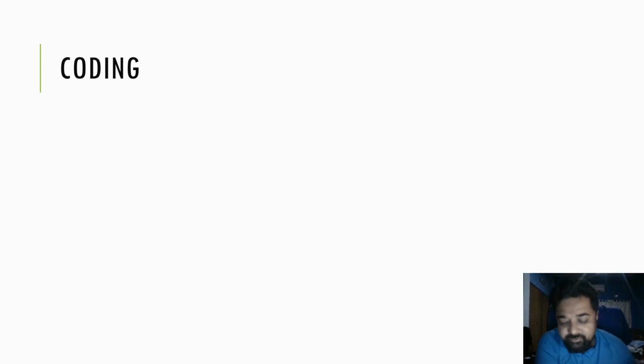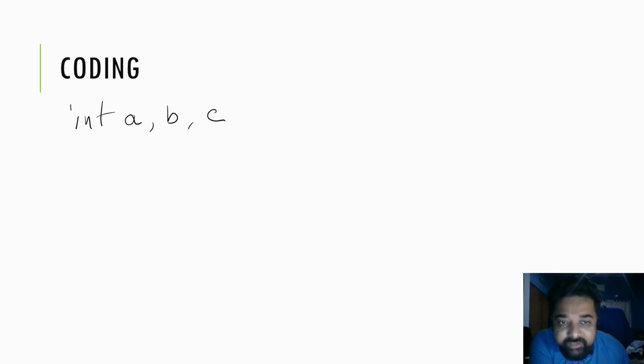So for basic coding, suppose you need to add two numbers. In C, what do you have to do? You have to write int a, b, c.